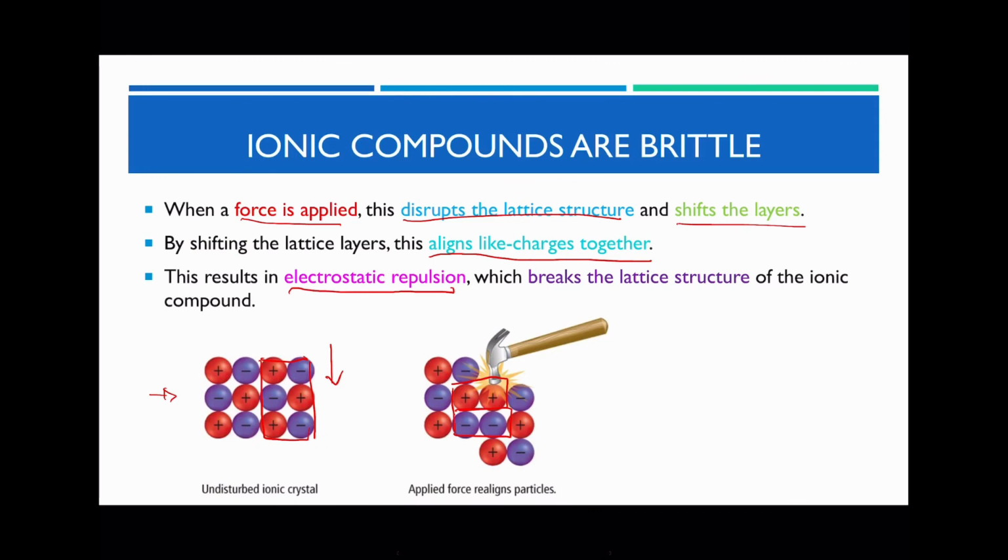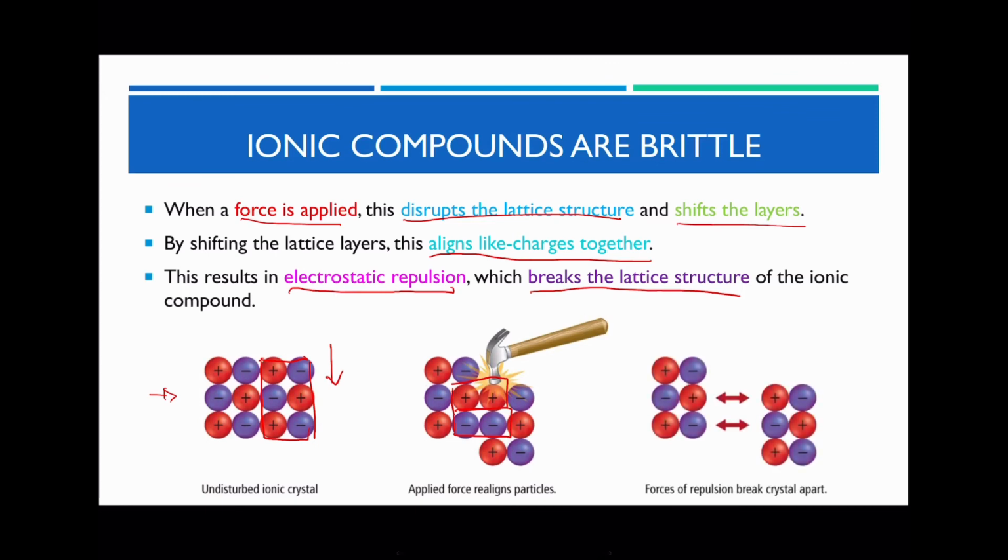Repulsion means they repel, they break apart, and this therefore breaks the lattice structure into different pieces. Therefore, this explains why ionic compounds are brittle, why they break so easily when you apply a force, because you cause the like charges to align with one another, which causes electrostatic repulsion. Please copy down these notes into your exercise book, because this is a really good summary to explain why ionic compounds are brittle.